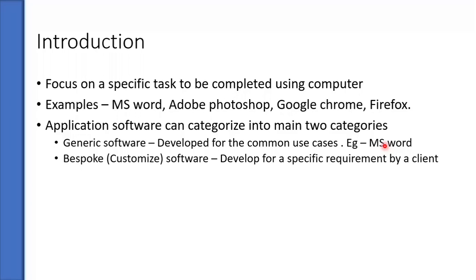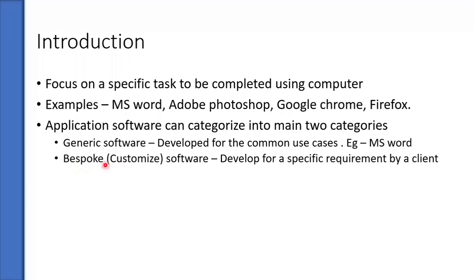There are a lot of softwares like Microsoft Word, Photoshop, Google Chrome, even Firefox. Everything was developed not with a specific person in mind, but with everyone in mind, where the majority, nearly 90 or 99 percent, is supported.